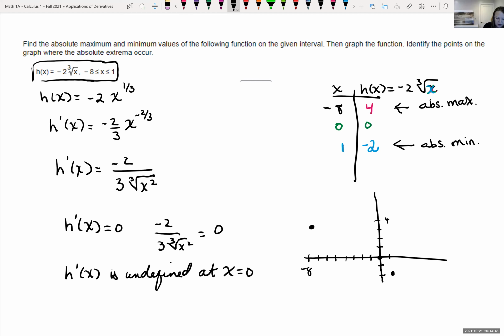We'll know more about our graphs later, about the shape, the curvature. The second derivative will tell us that, which is called concavity. But we have to wait a couple weeks from now to learn that.